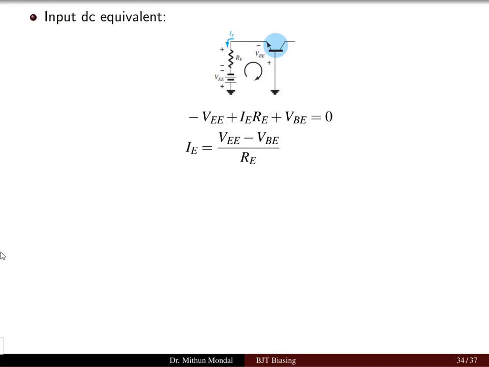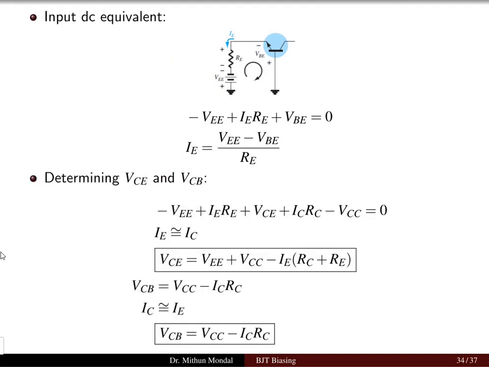If we do the DC equivalent analysis of the common base circuit, we can write down the KVL equation first and obtain the emitter current. We can also obtain the collector to emitter voltage and the collector to base voltage by writing the KVL equation.